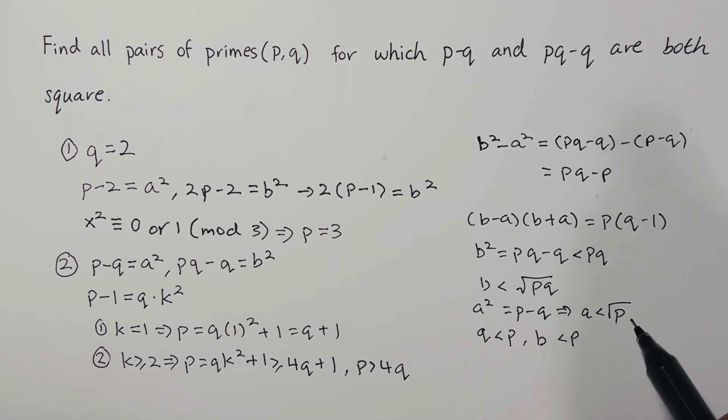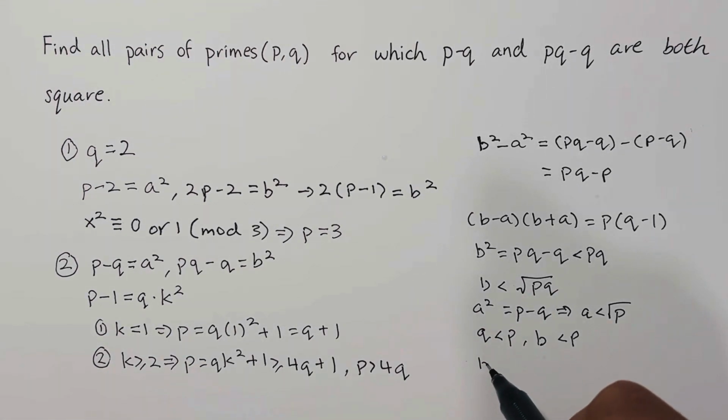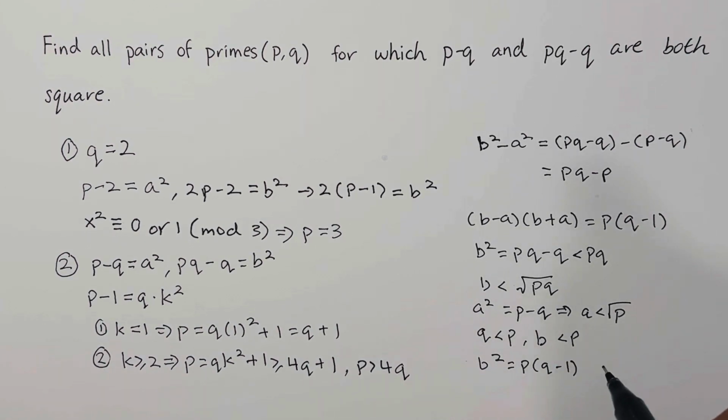Actually, even stronger, since b squared is equal to p times q minus 1, less than p squared, we know that b is less than p. And since a is greater than 0, we have b minus a less than b, which is less than p.